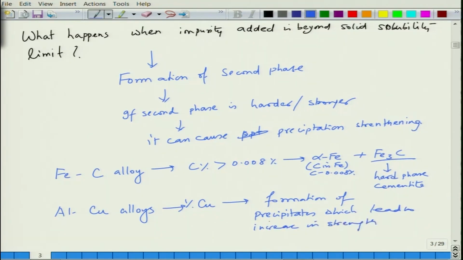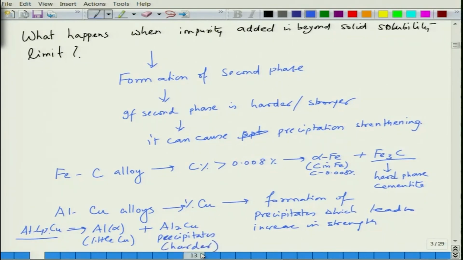So, this aluminum 4% copper alloy will have aluminum alpha with little copper plus Al2Cu precipitates, which are harder, and they cause the strengthening.